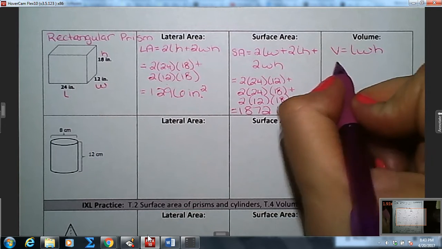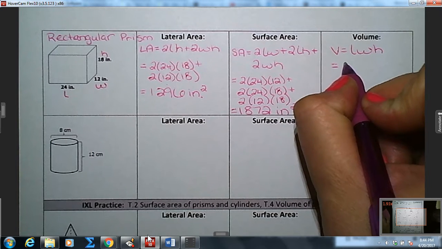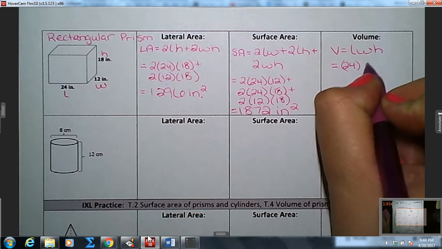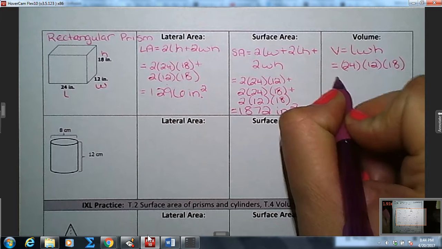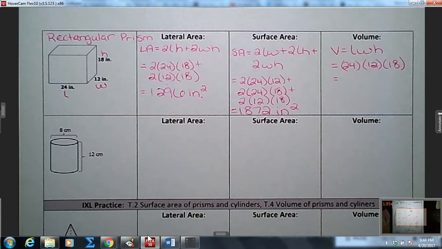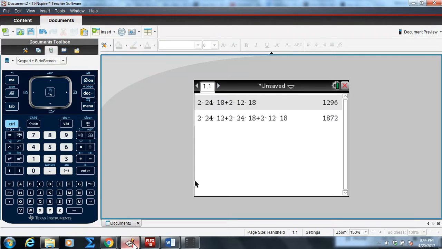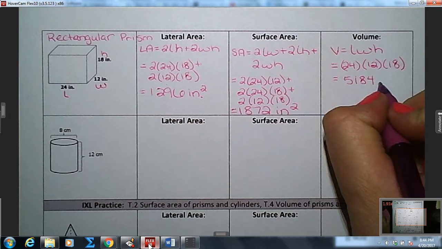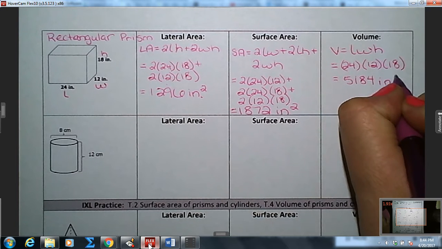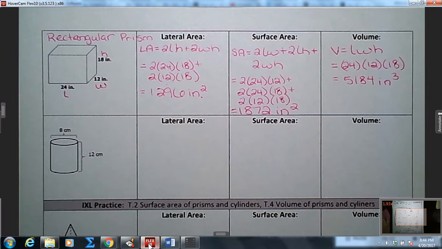So for this shape, the volume is equal to 24 times 12 times 18. With your school calculator, you can type everything in one list. 5,184. Now that we're working on volume, we're talking about cubic inches.